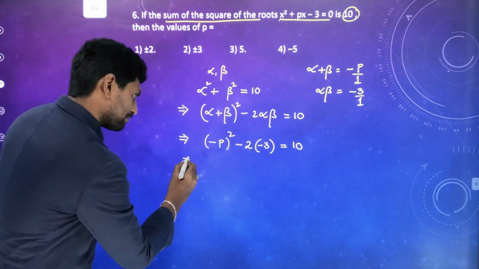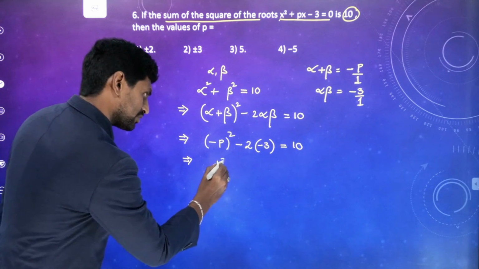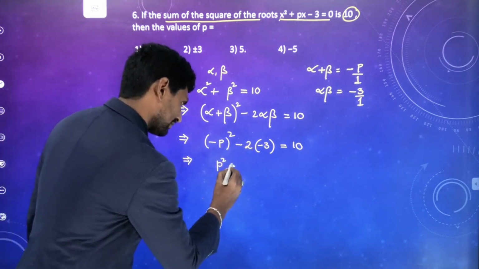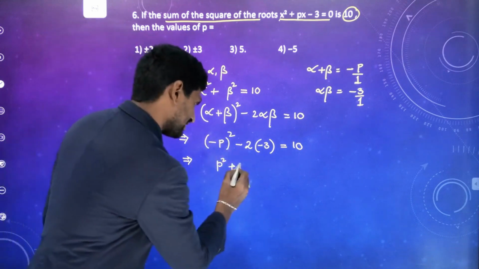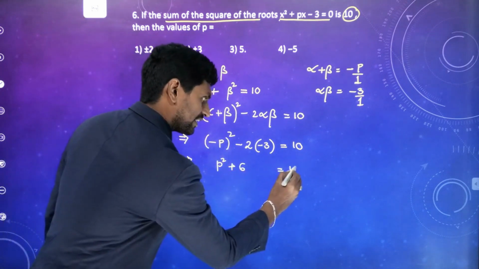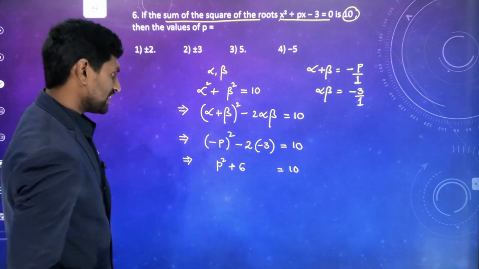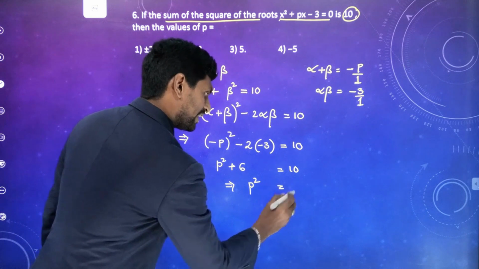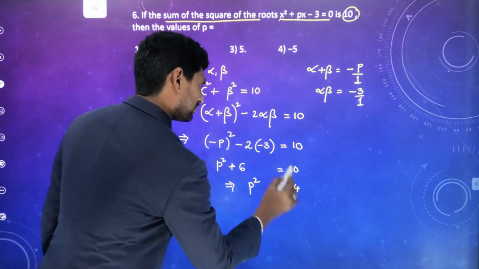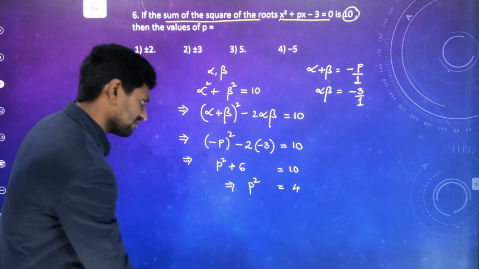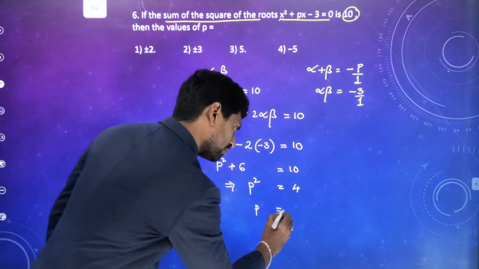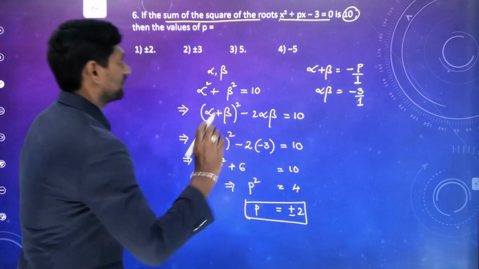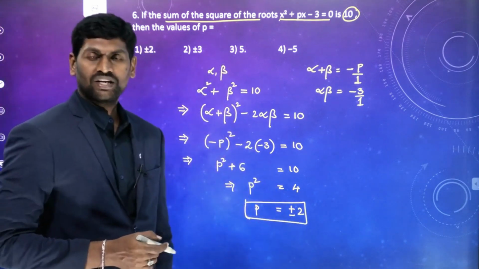Right. So minus p whole square is p square. Minus into minus becomes plus, 2 threes are 6, equals 10. Now plus 6 transposed to that side becomes minus 6. So 10 minus 6 is 4. Therefore the p value is plus or minus 2.